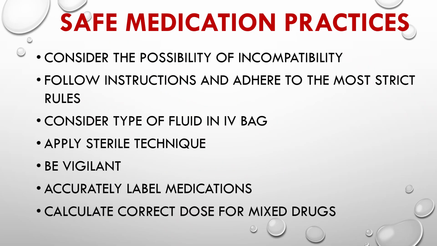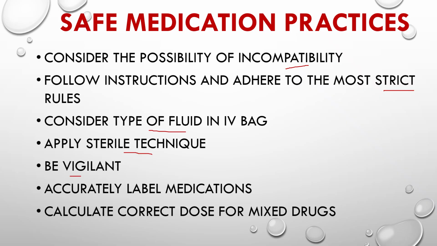So some of those safe practices whenever we're combining: again, watching for that incompatibility, following the instructions. Again, most strict rule always applies, like we talked about in chapter 1. Consider the type of fluid in the IV bag. Is it going to have a reaction with the plastic of the IV bag? Always apply sterile technique to prevent contamination.